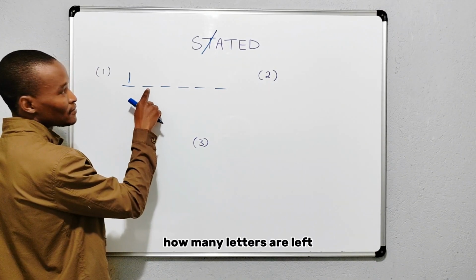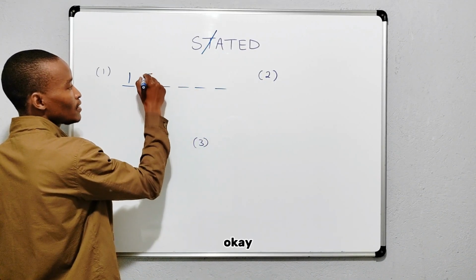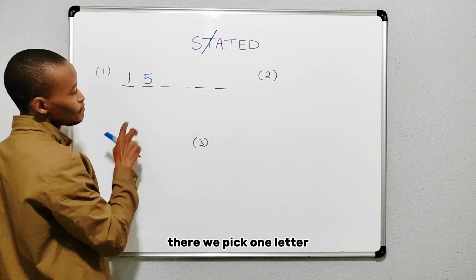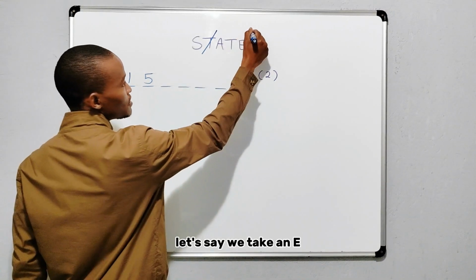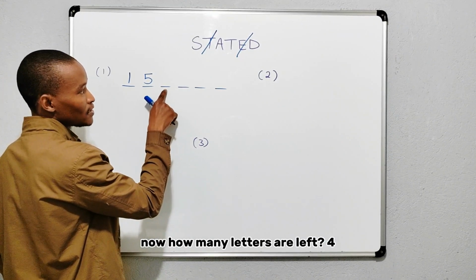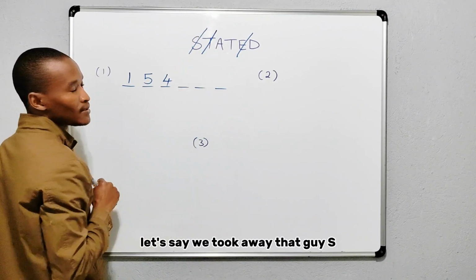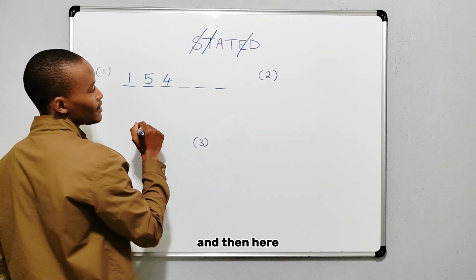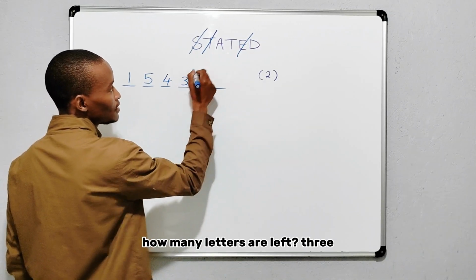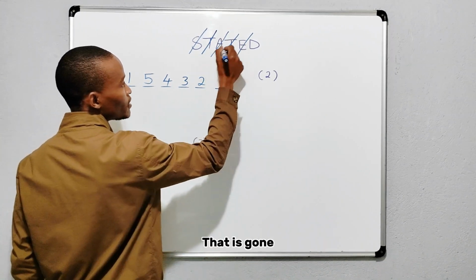How many letters are left? 5 letters are left to choose from. If we now are at the second position, we pick one letter. Let's say we take an E. How many letters are left? 4. Let's say we took away the S. Then how many letters are left? 3. And clearly you can see it's 2, 1. That is gone.